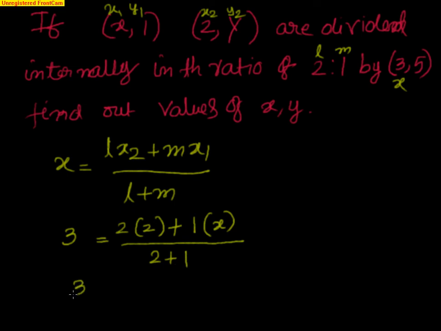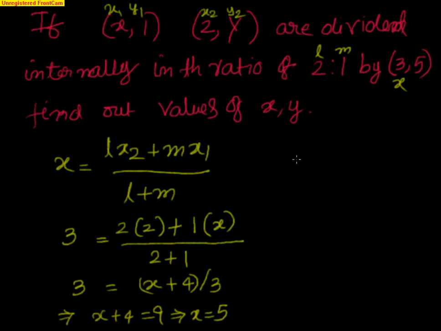So this simplifies to 3 equal to x plus 4 by 3. That gives me x plus 4 equal to 9, which simplifies to x equal to 5. That's the x part.